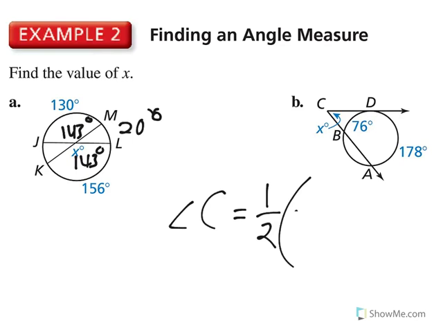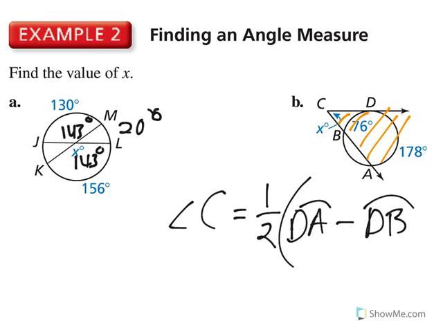when they are subtracted. We always do the biggest arc first, the arcs that are inside our angle. So the big one would be DA. So we would have arc DA minus the smaller arc that's inside of it, DB. If we fill that out, angle C is our x, what we're trying to solve for.